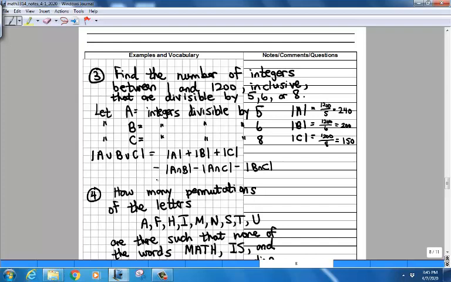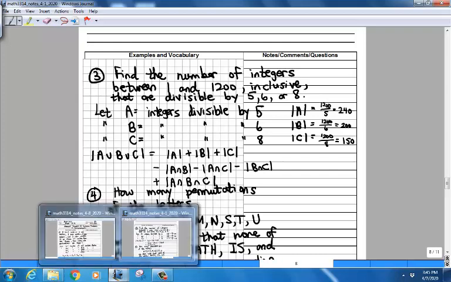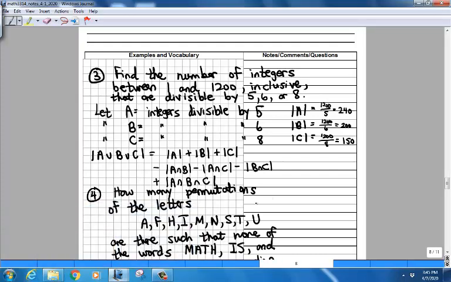Oh, but before I do that, there's one other line here in my formula. Because now, when I just subtract off those intersections, I have gone too far. So now I have to add back in the cardinality of the intersection of the three sets. Now, of course, if we cannot find the cardinalities of these intersections, then although this is a nice equation to write down, it wouldn't be of much practical use to us.